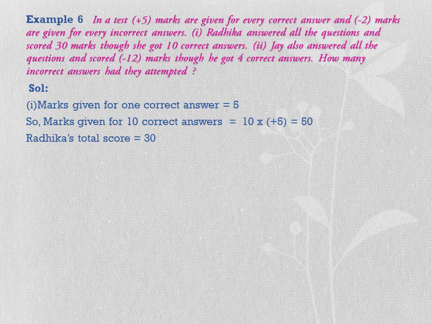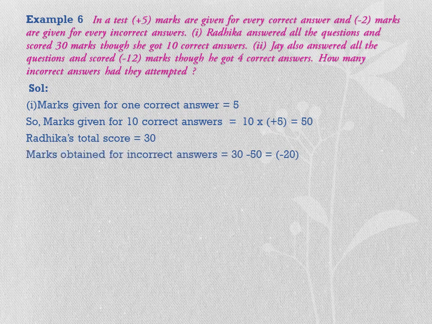Therefore, marks obtained for incorrect answers is equal to total score minus marks for correct answers. Isn't it, children? Because total score we can find out by adding marks for correct answers and marks for incorrect answers.